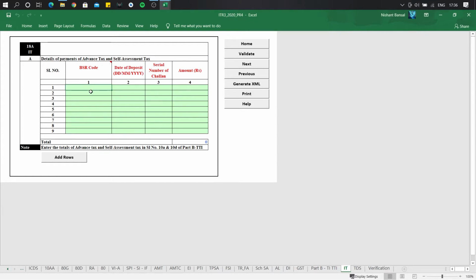So let's start. DSR code 0000754. Date of deposit 30/11/2019. Serial number of challan 00041. Amount 40,000.